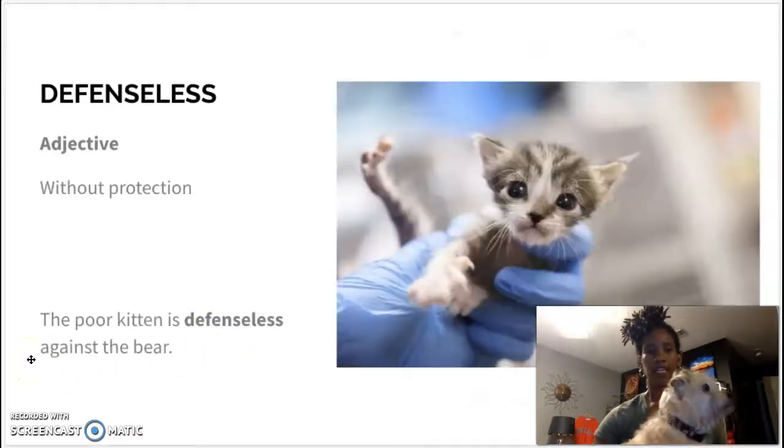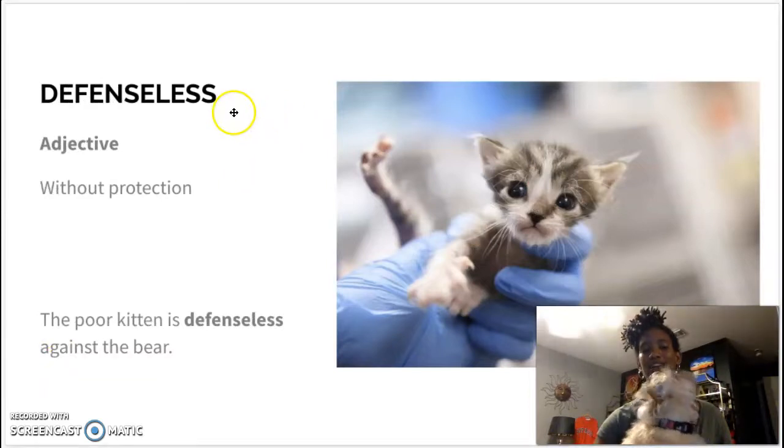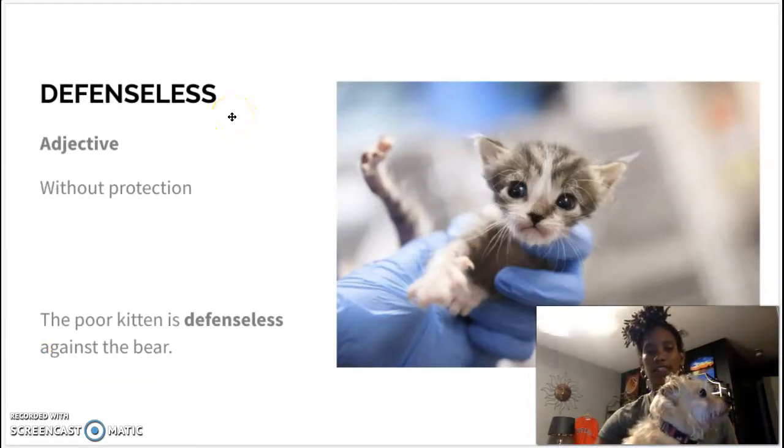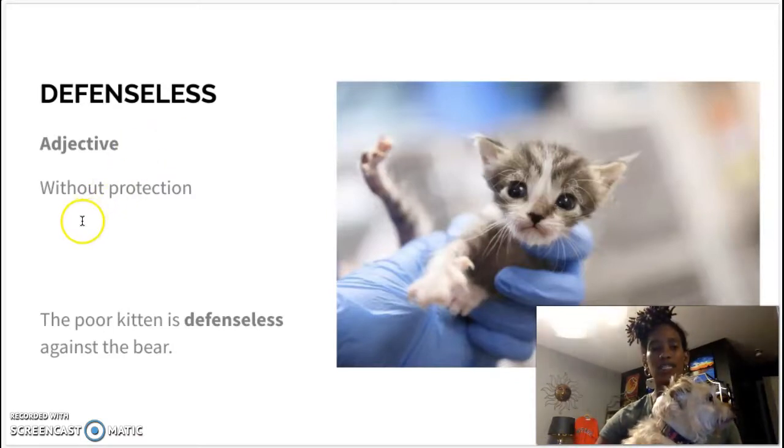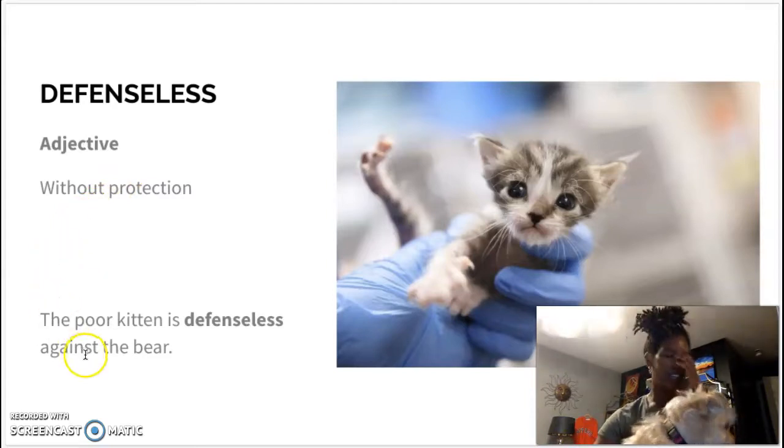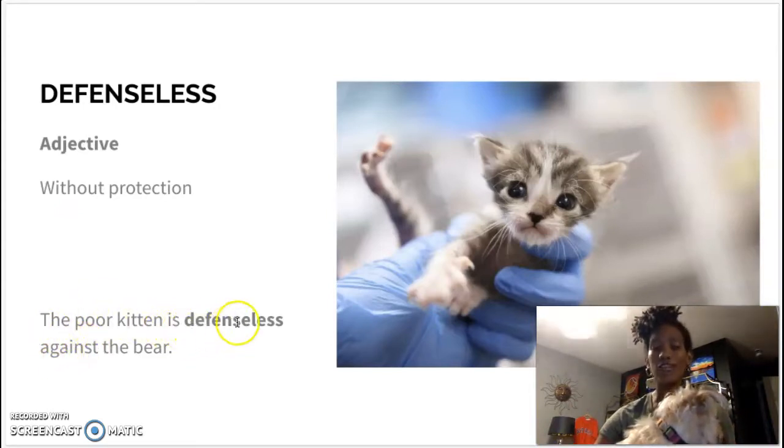Next word, repeat, defenseless. Defenseless is an adjective. Remember, adjectives describe something or someone. Defenseless means without protection. For example, the poor kitten is defenseless against the bear.